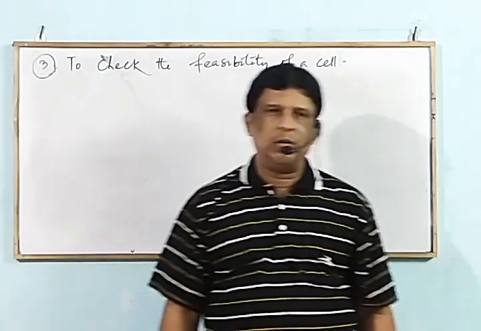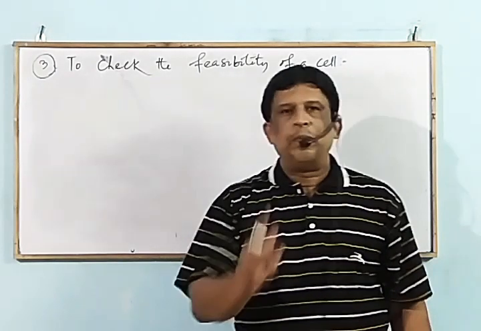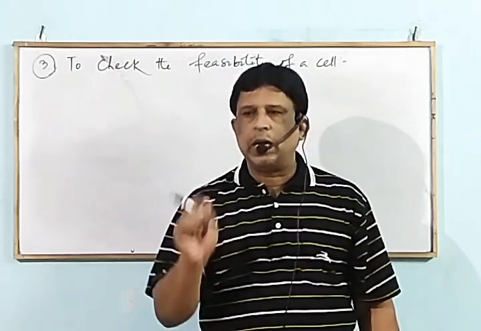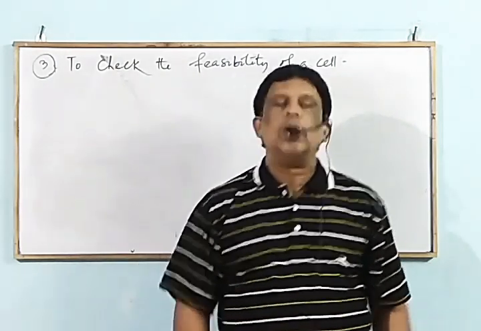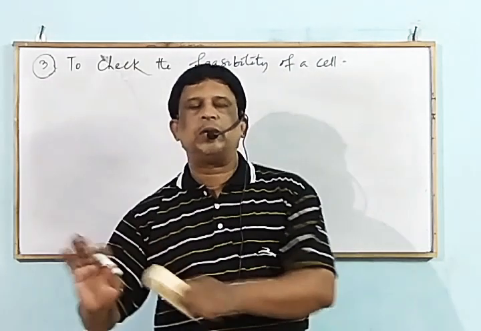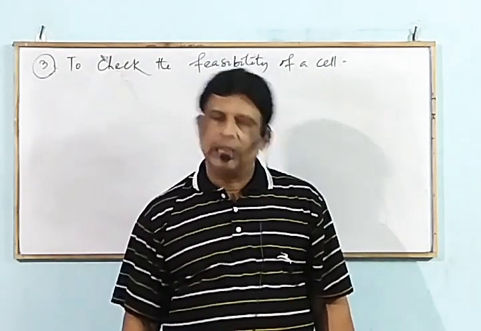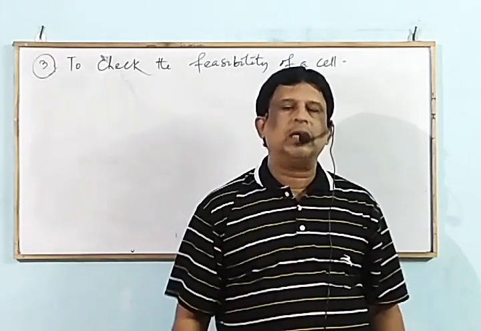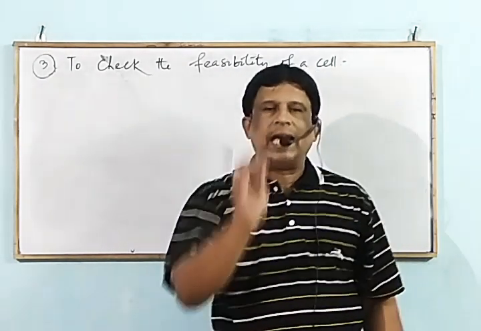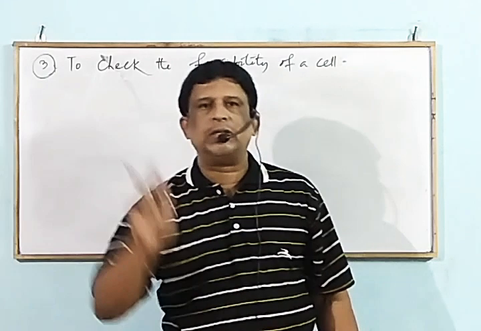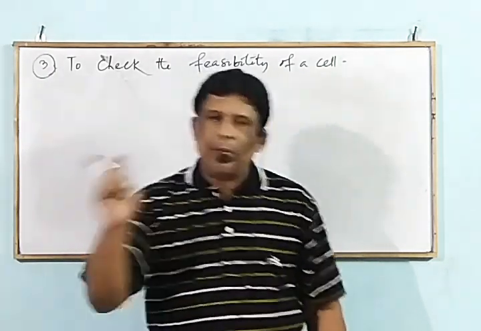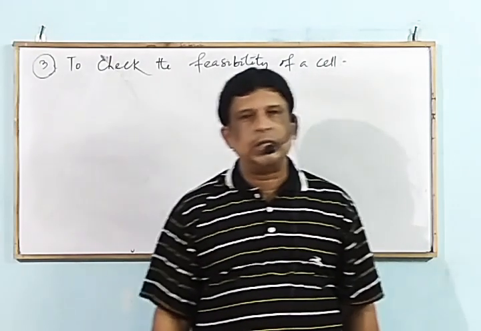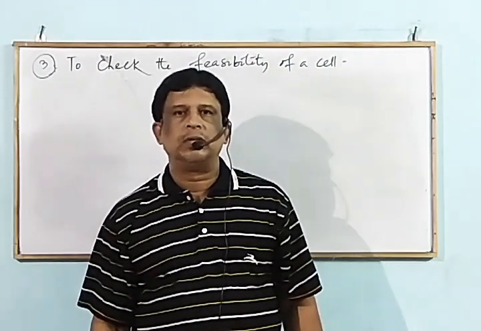How is it possible? Mark that. From the data, the same thing is there. We have to predict which one is anode and which is cathode, and whether oxidation potential or reduction potential data is given. Then only apply the formula, E naught cell is equal to E cathode reduction minus E anode reduction. By applying this, mark the answer, whether it is positive or negative.